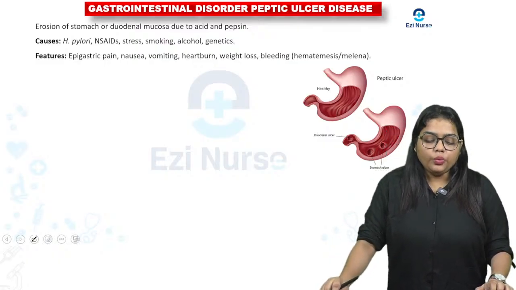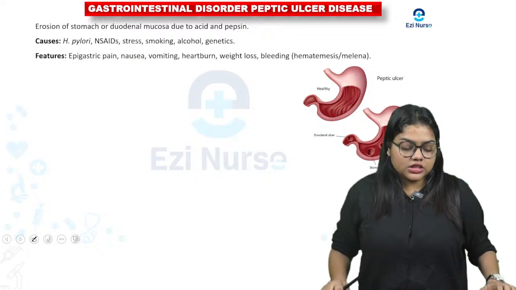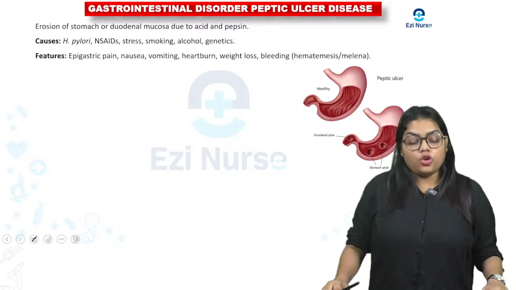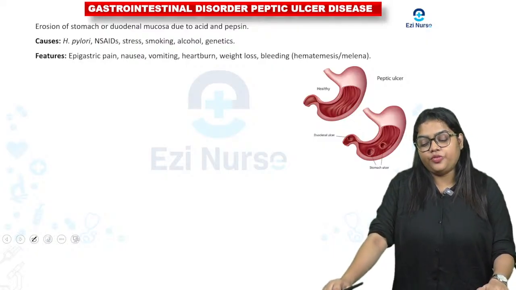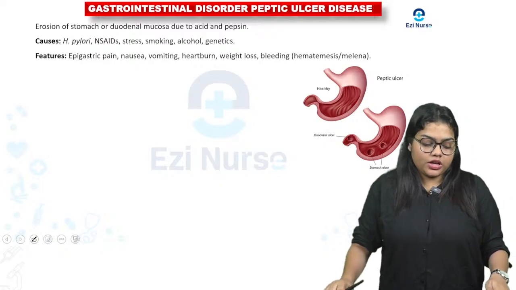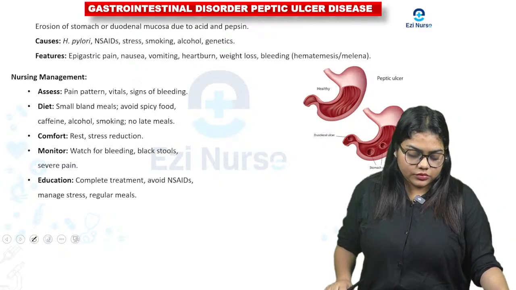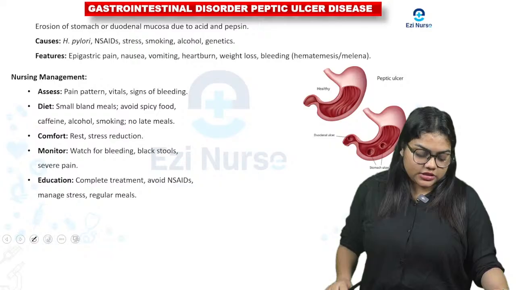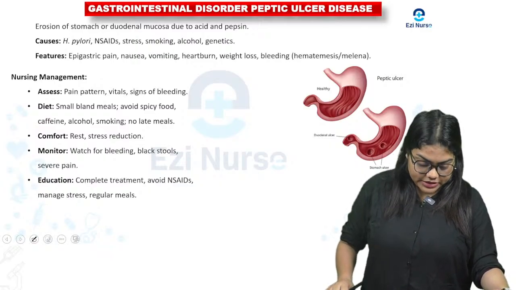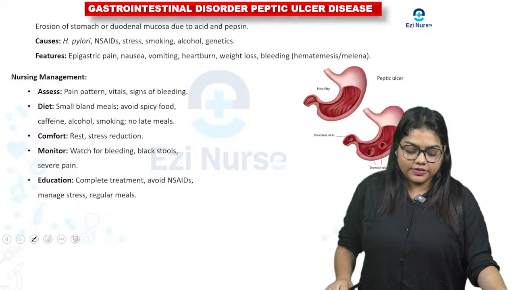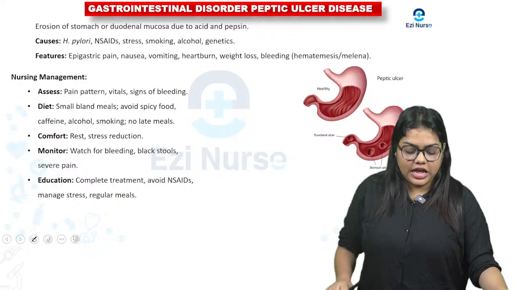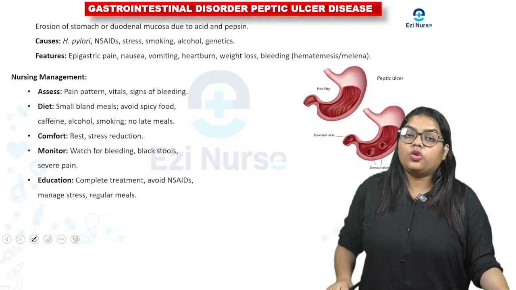Okay, so what are the features? The signs and symptoms include epigastric pain, nausea, vomiting, heartburn, weight loss, and bleeding such as hematemesis or melena. So as a nurse, how will we manage this? We have to assess the pain pattern, vital signs, and bleeding of the patient. For the diet, we can give small bland meals, avoiding spicy food, caffeine, alcohol, smoking, and late meals.